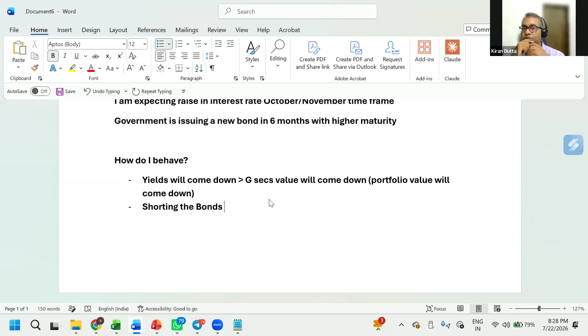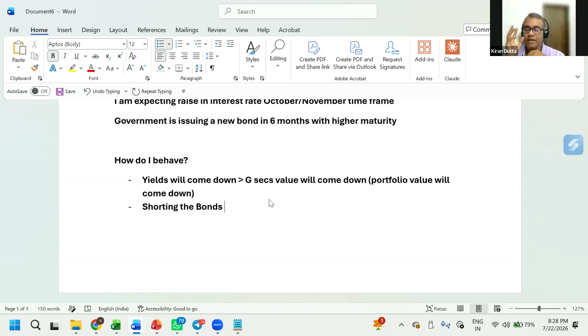What will you do as a fixed income manager? I will go and buy that 6.4. But what will you do with the existing one? I have to close this position because I'm getting into losses, and switch to another position.